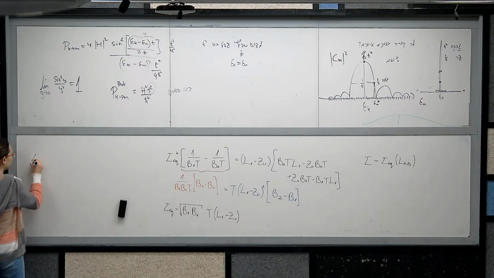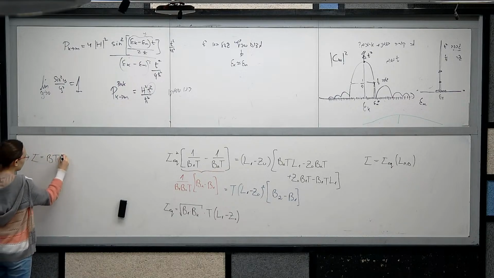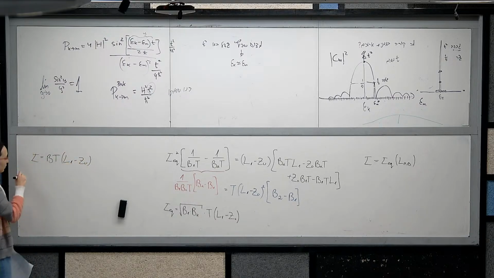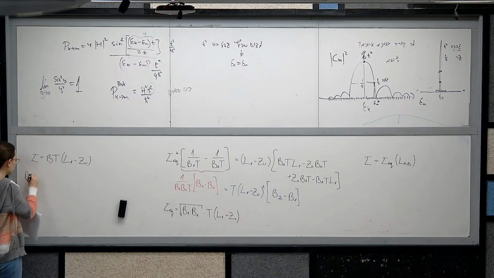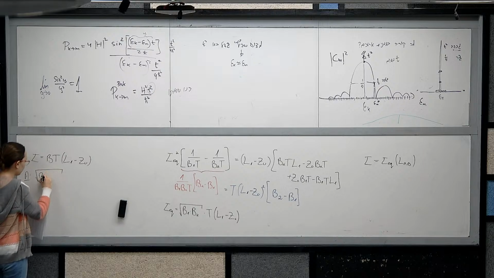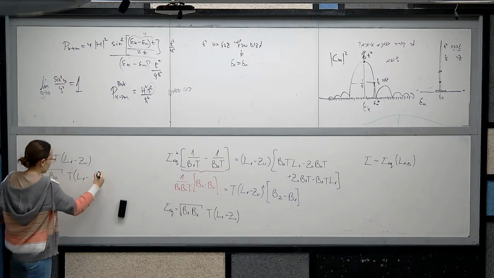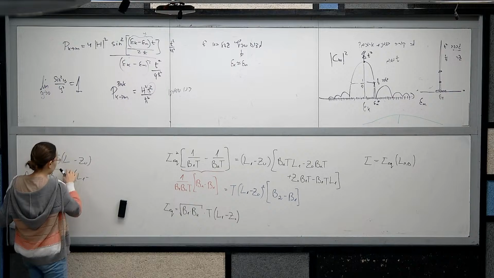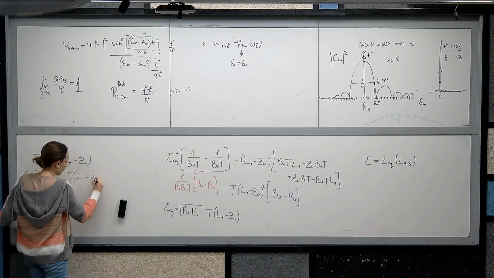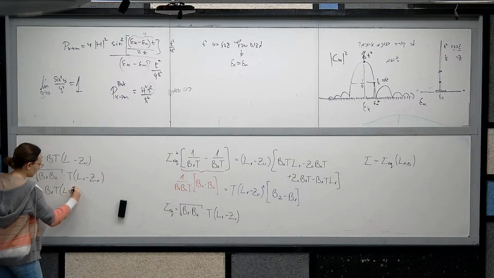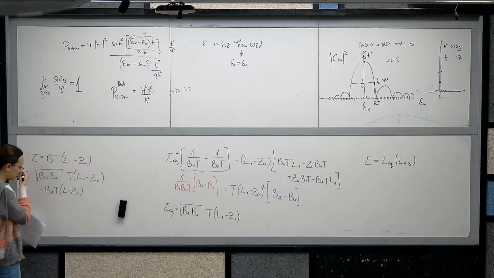The equations are tau equals B T L minus Z0. So for phase A, we have tau equilibrium, the square root of B1 B2 times T. Sorry, this is just L, not L1. L minus Z0 equals B1 T L minus Z0.